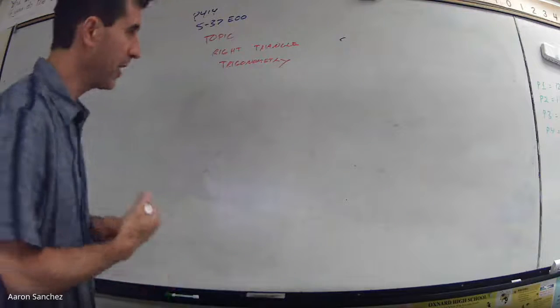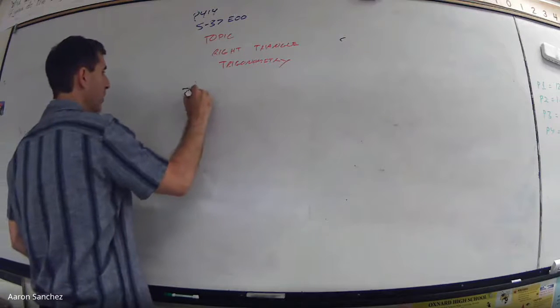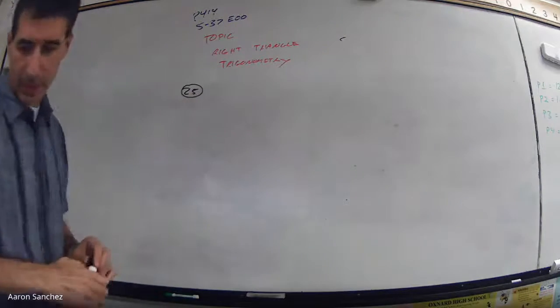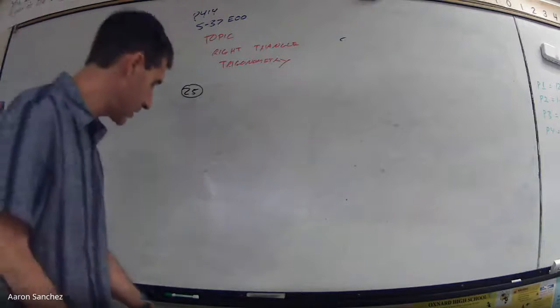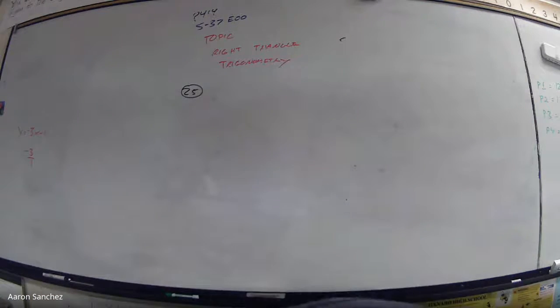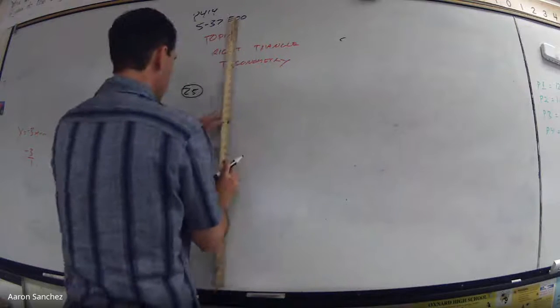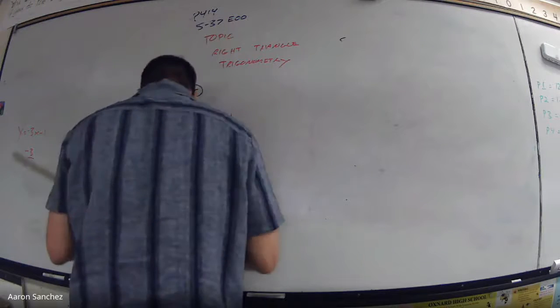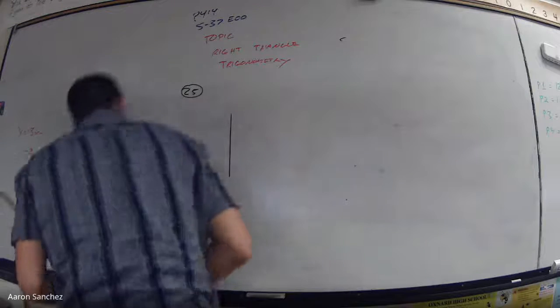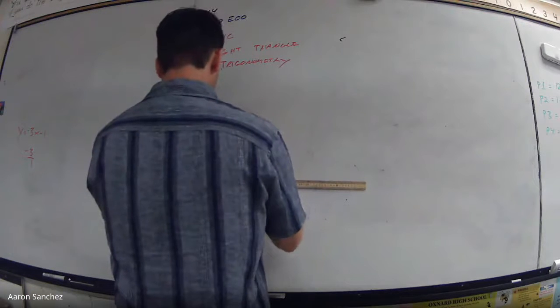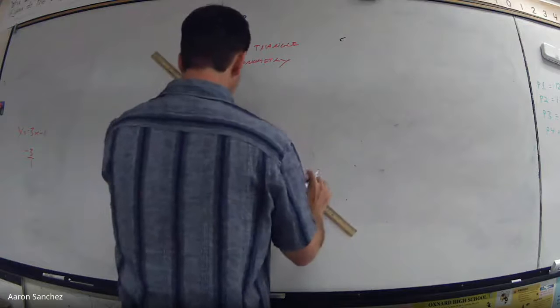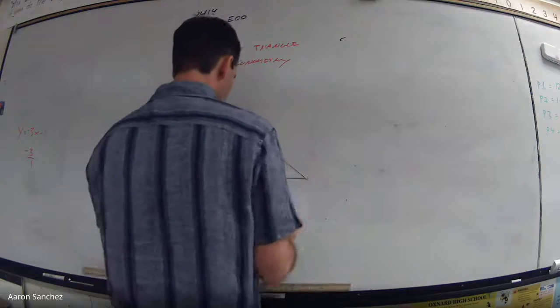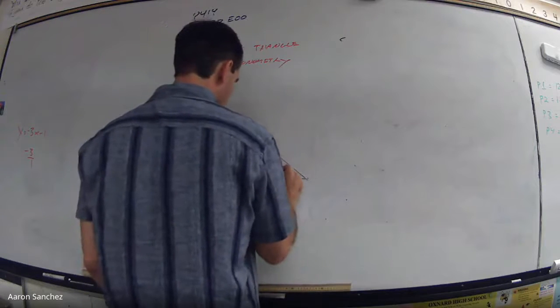So we're at 25. Before I do 25, let's talk about the ratio of the 45, 45, 90 triangle. I'm just going to draw it the regular way I draw it. 45, 45, 90. So this is 45.